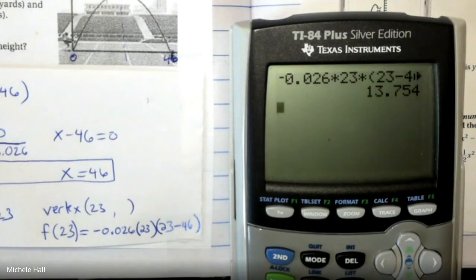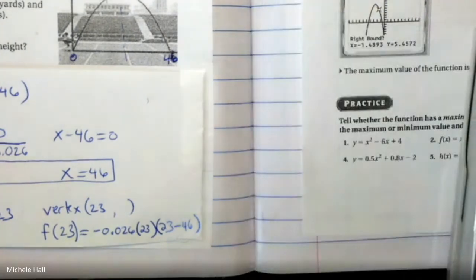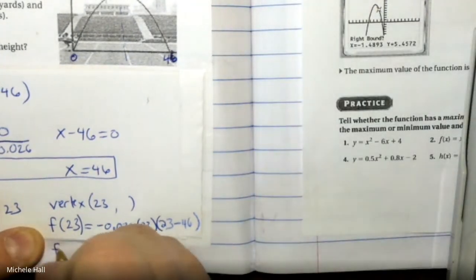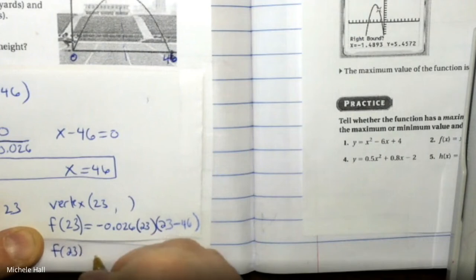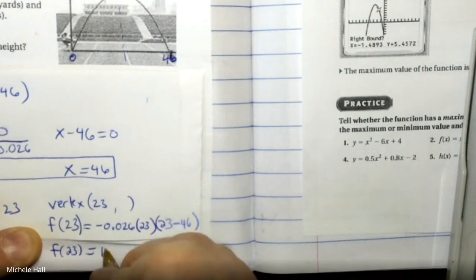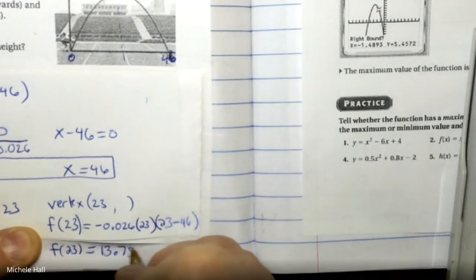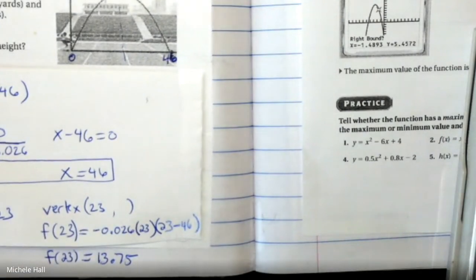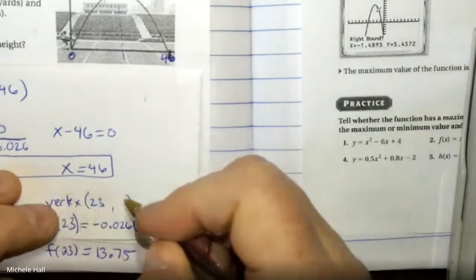And we get 13.754. 13.75. So we know our vertex is at 13 3/4.